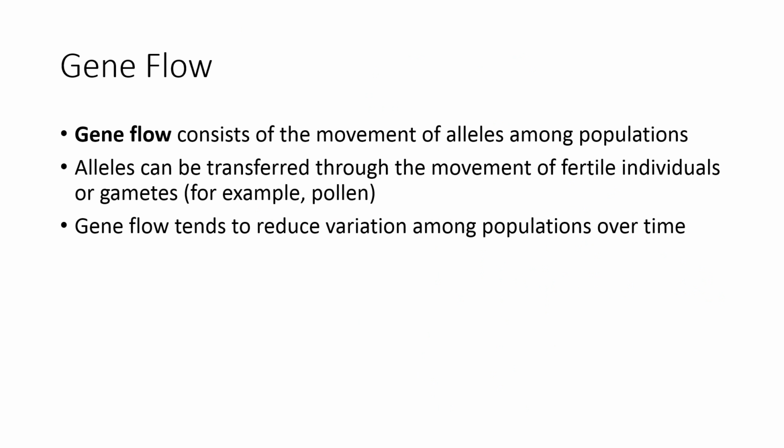Gene flow. Like I said before, it's all about individuals coming into and moving out of a population. They're bringing new alleles in, and those individuals that leave, those alleles are leaving the population.